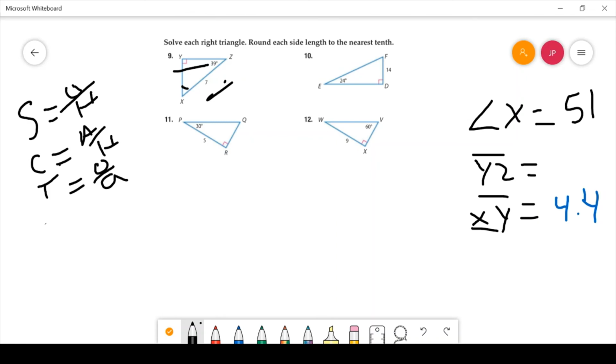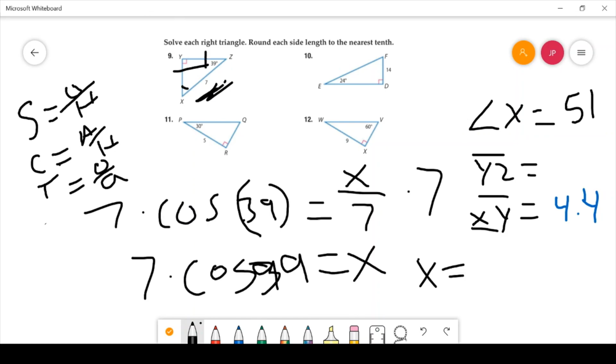Cosine of 39 equals x over 7. So it's just times 7 on each side, and you're left with 7 times cosine of 39 equals x. And that is going to be 5.44, to the nearest tenth is 5.4.